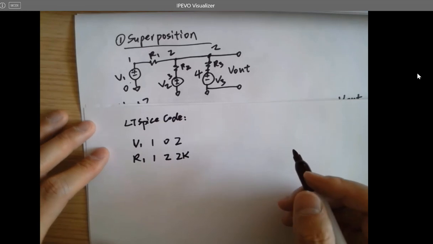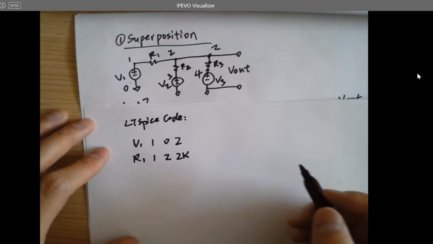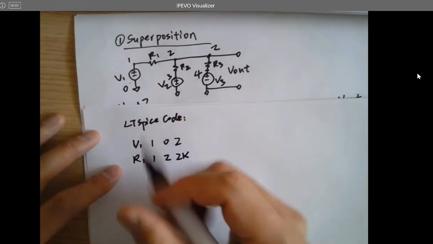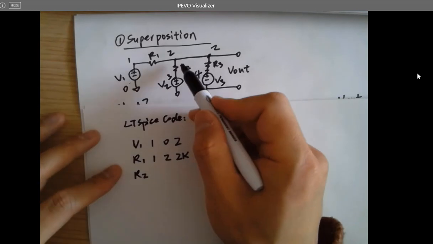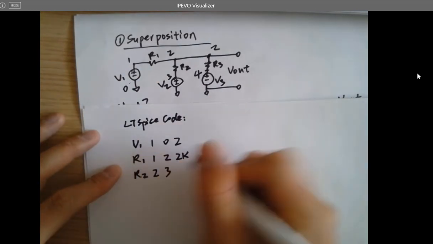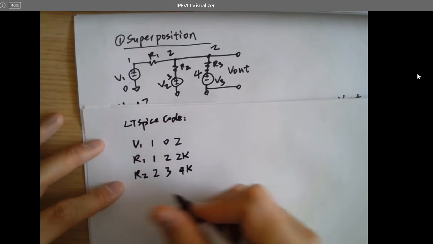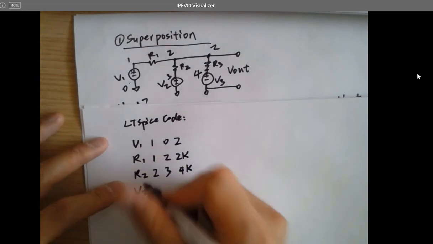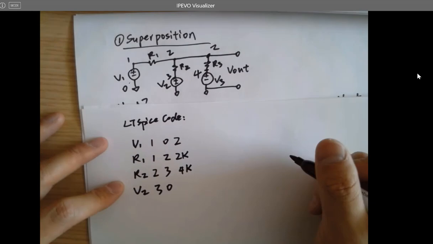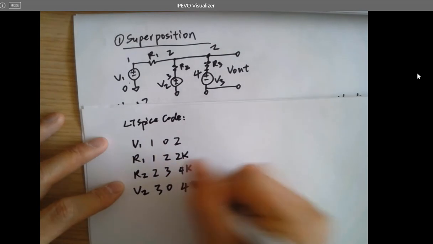It's not necessary. You can do that, but it's not required. And then R2 is from 2 to 3, and it is 4K. And V2 is from 3 to 0, and it is 4 volts.